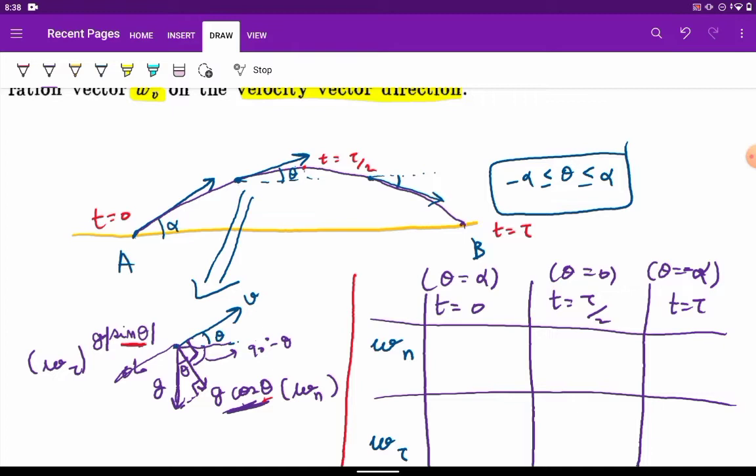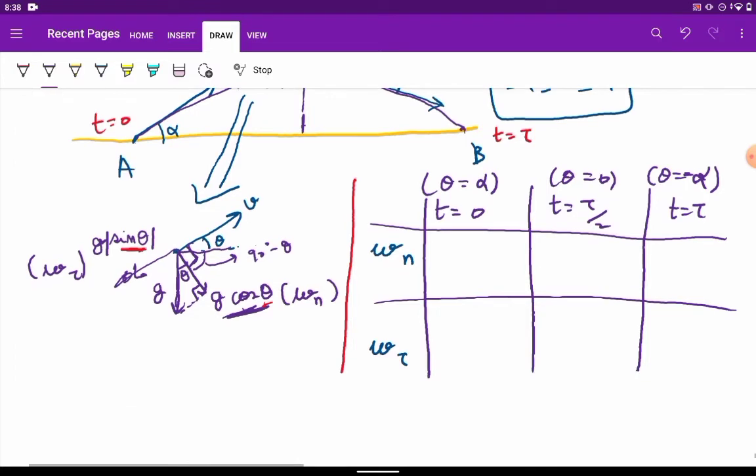Now why is that? That is because if we consider times which are equidistant from t equal to tau by 2, for those cases your angles would be theta and minus theta, right?